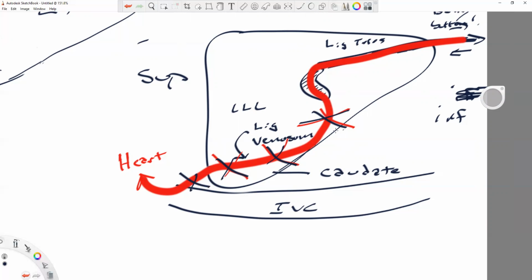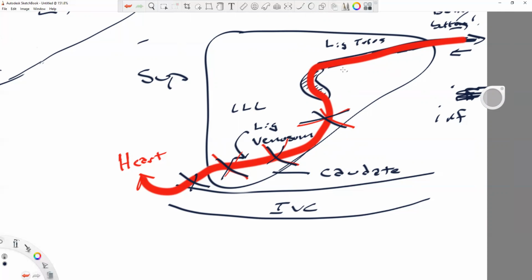But on a person with bad cirrhosis, the blood needs to go somewhere. It can't go through the tissues of the liver because of the cirrhosis. It will now recanalize or repatenate.